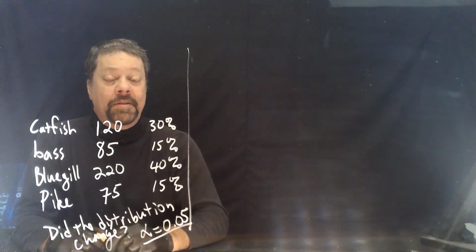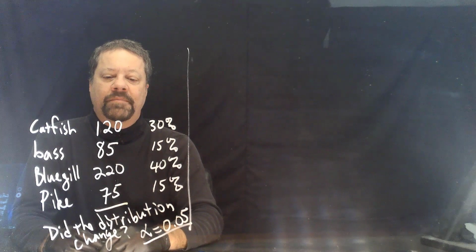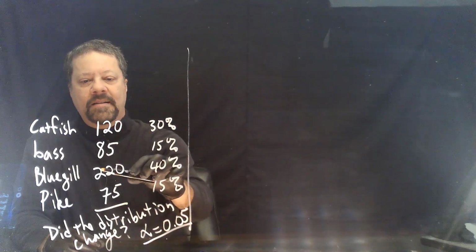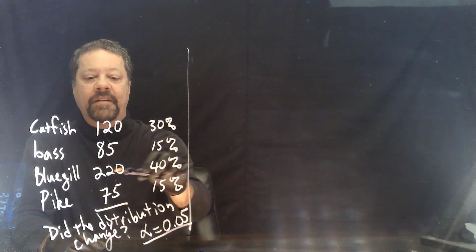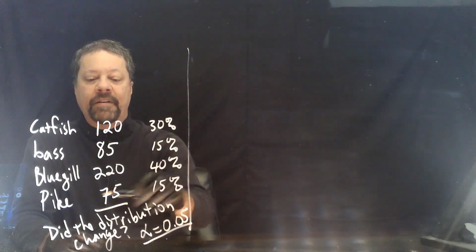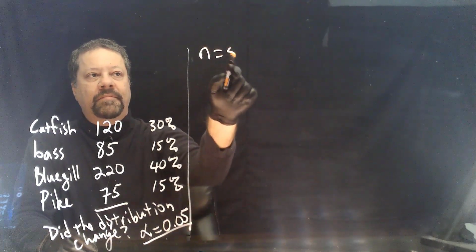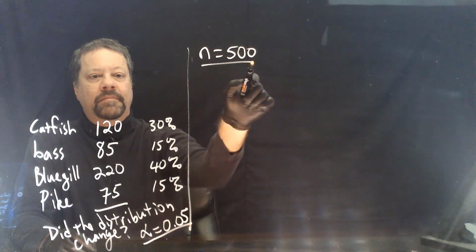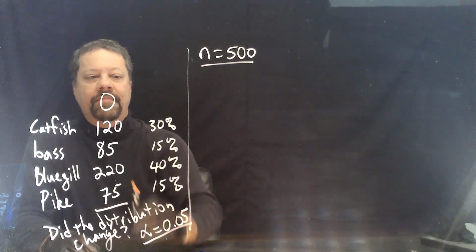First thing we should ask is, how many fish total were caught in this sample? Let's see, we have 385, 405, 425. That's 500 fish. These are observed values.